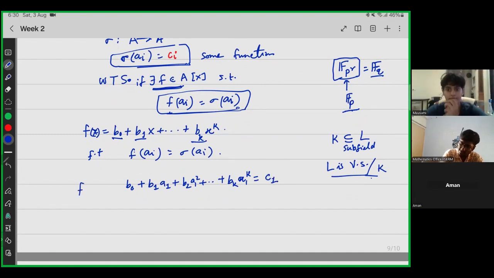This is nothing but f evaluated at a_1, and this is nothing but sigma evaluated at a_1.